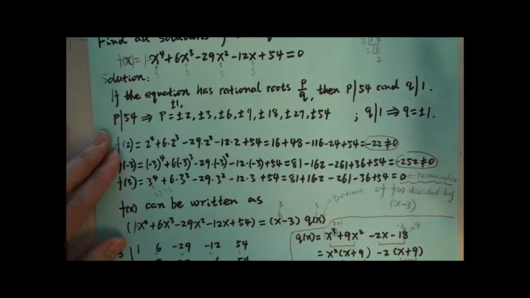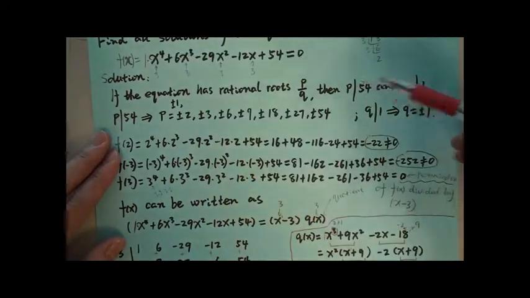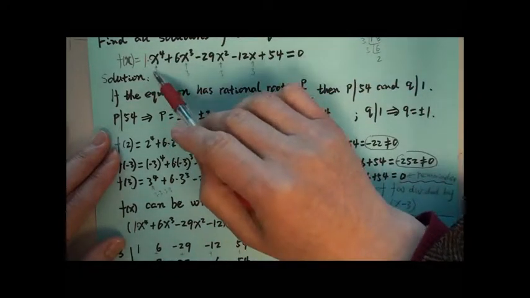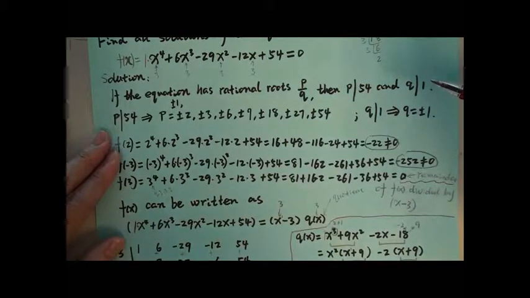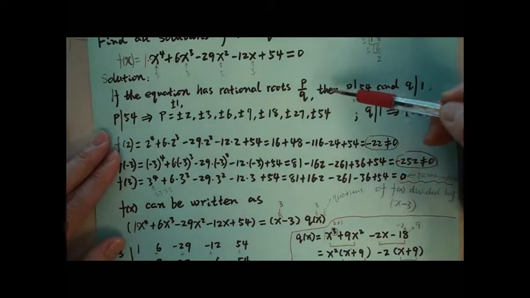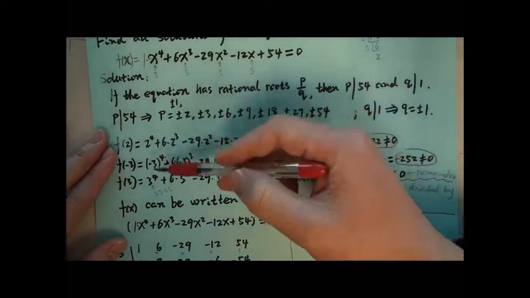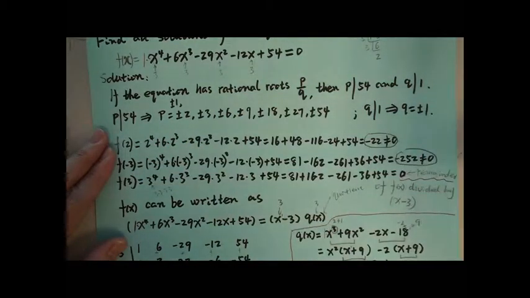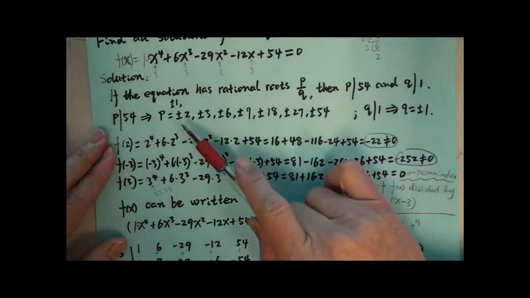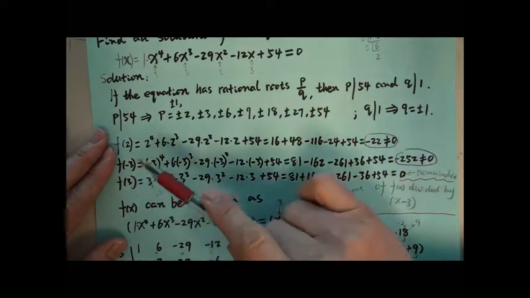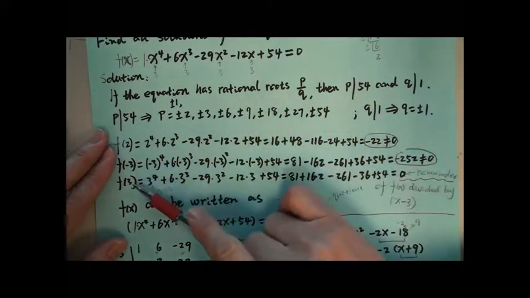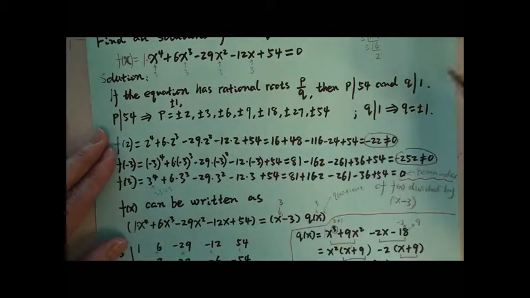If the leading coefficient is 1, it makes the case easier. That's the major step: try some numbers from the possible roots to find a real root. That's step 1.